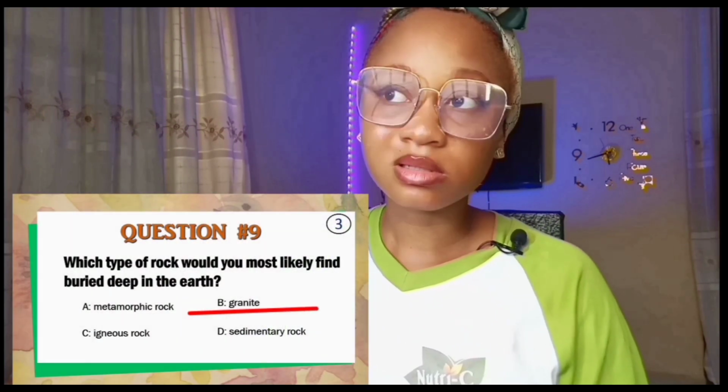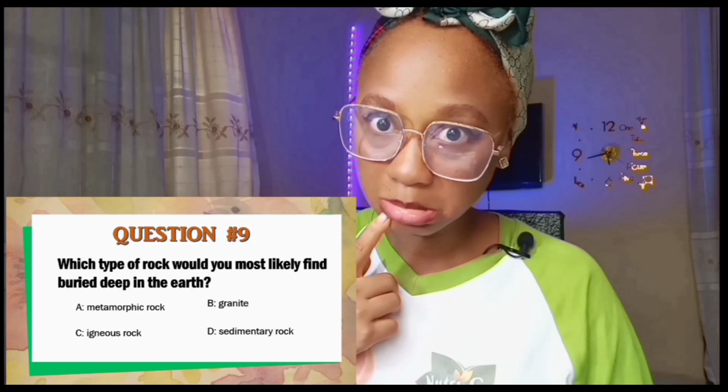Metamorphic rock, like the name says, was metamorphosized into a rock. Granite. I don't think granite is the answer. My mind is leaning towards metamorphic and igneous, but I'll go with metamorphic rock.